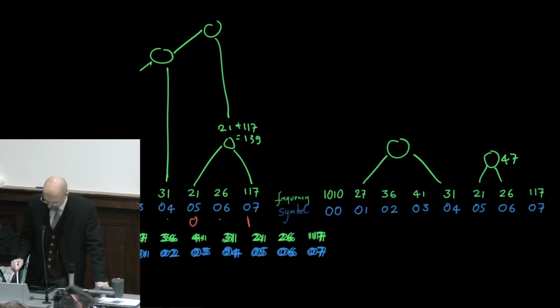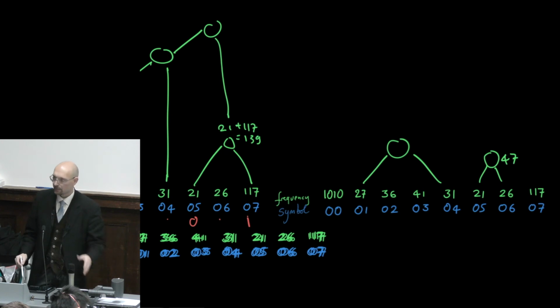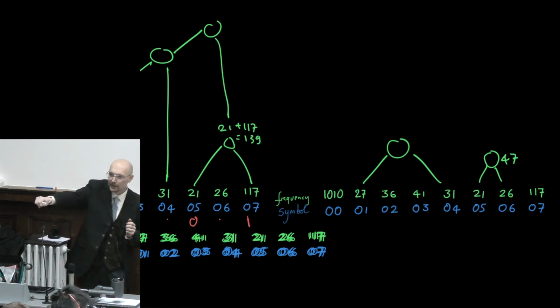And the way that I actually write the code is to say, when I build myself this node, which replaces those 2 with the sum of their frequencies, I also want this to be considered in the sequence of things out of which I will make the next decision. So my easiest thing is just to dump all these frequencies into a min heap, and then take the minimum of the min heap twice, add them together, and stick it back into the min heap.